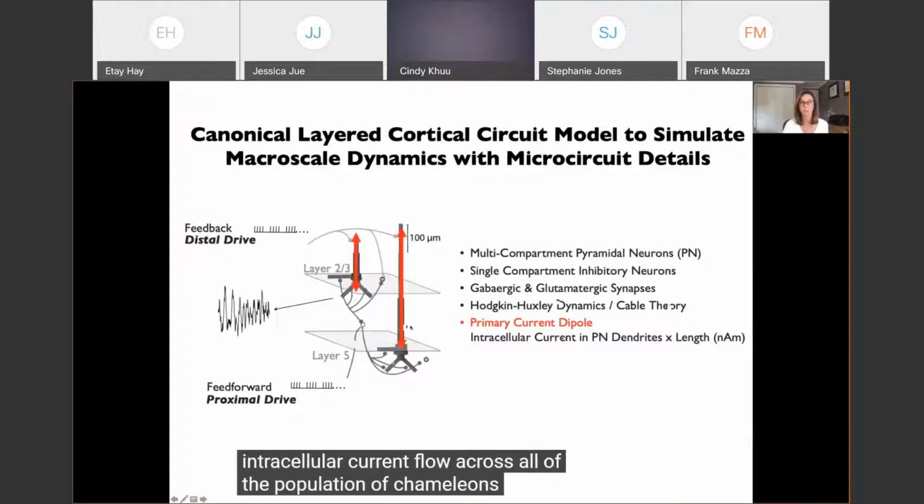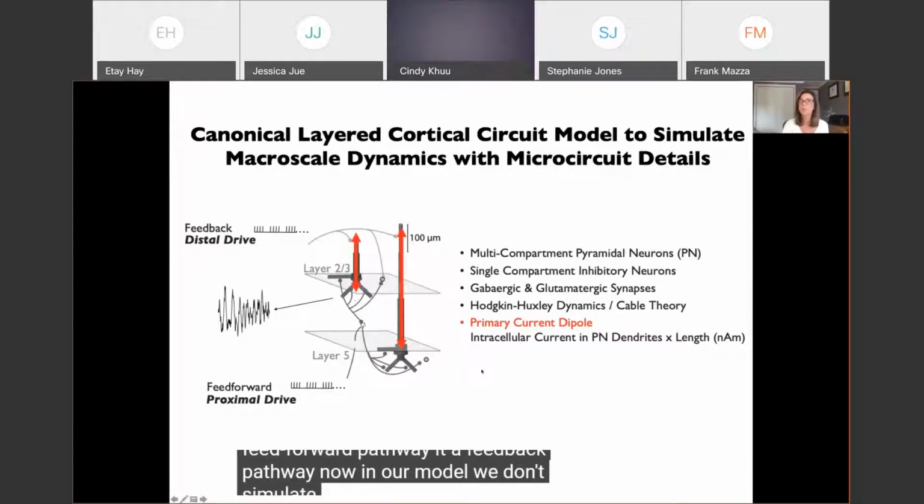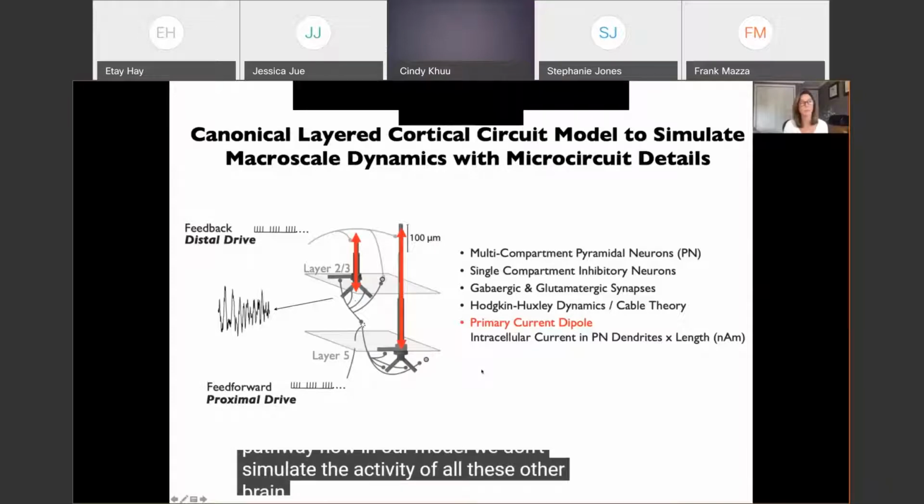And as I've mentioned, it's important to consider that these circuits don't sit in isolation, but they're constantly receiving input from other parts of the brain. We have these two pathways of input, a feed-forward pathway and a feedback pathway. Now, in our model, we don't simulate the activity of all these other brain areas.